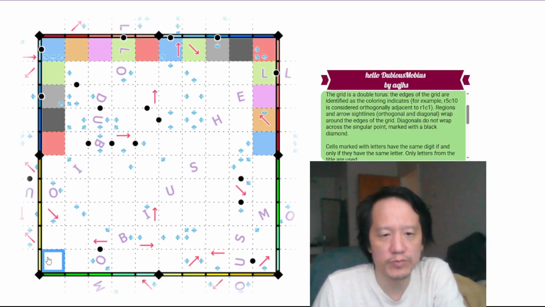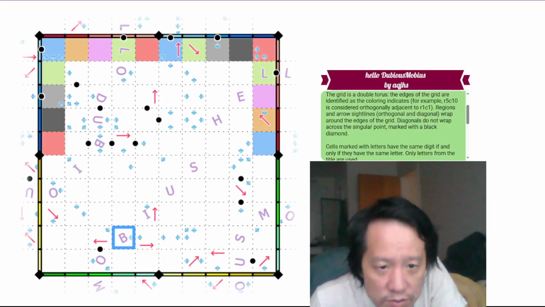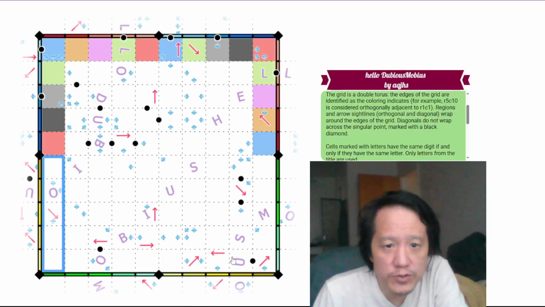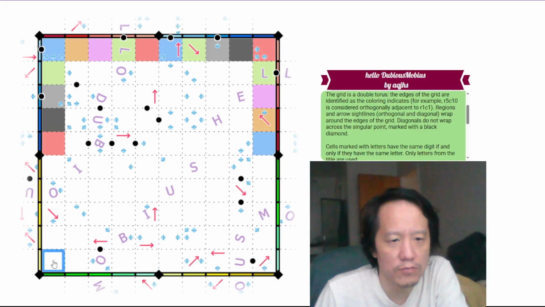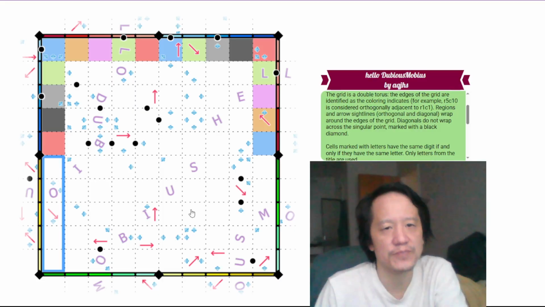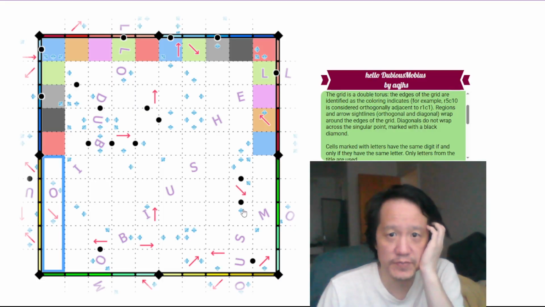So these correspond to these. So R1, column 6, is orthogonally adjacent to R10, column 10, which is orthogonally adjacent to row 10, column 5. So these match this way. These 5 match that way. It's interesting.